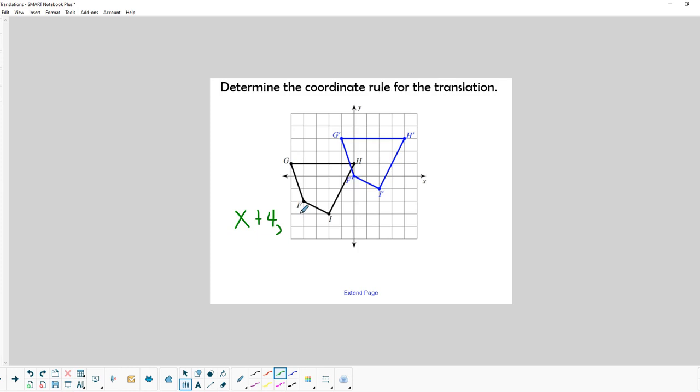So that means that in the Y direction, we're going up by 2. So our new rule is X plus 4, Y plus 2, which will get us to our new location, right? So we started out with our original X, Y values. And then the rule for the translation is this rule right here.